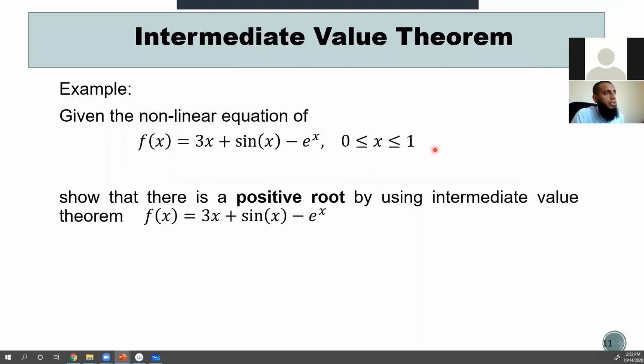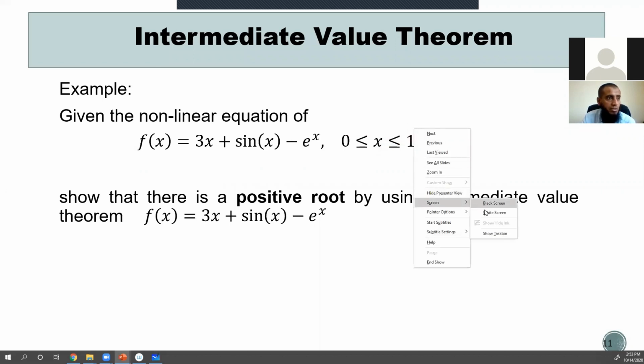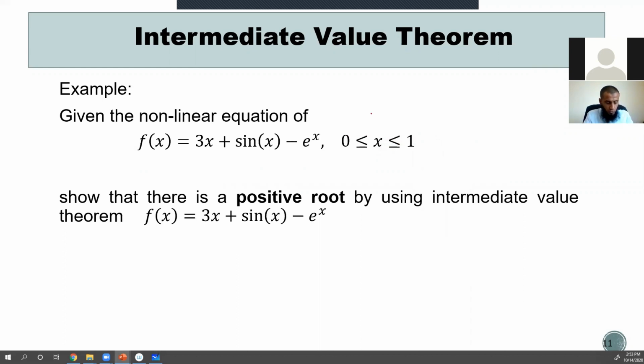Okay, given the non-linear equation fx equals 3x plus sine x minus e power of x. The interval is 0 for A and B is 1.